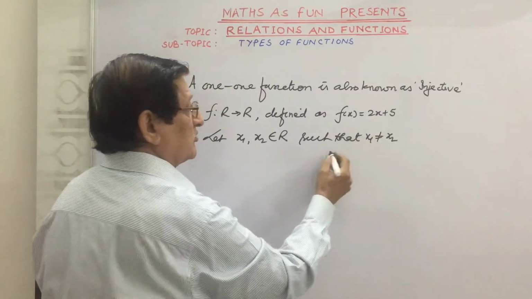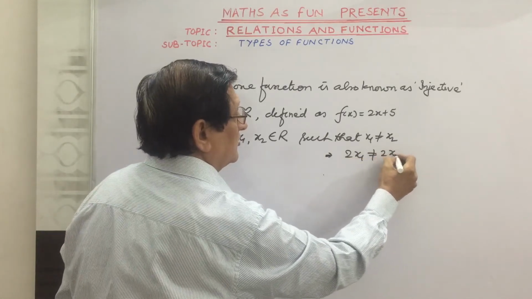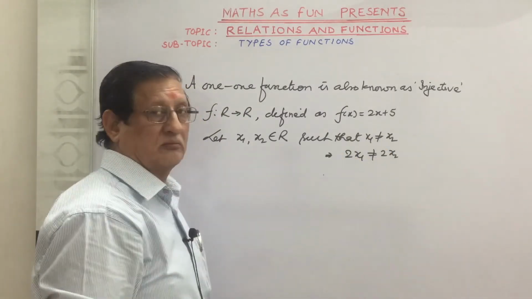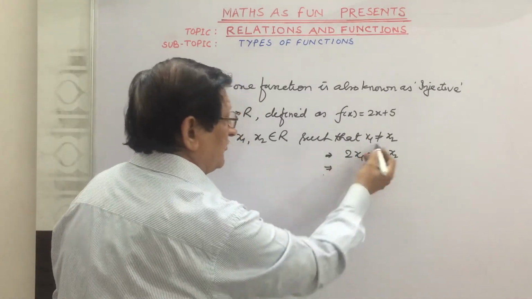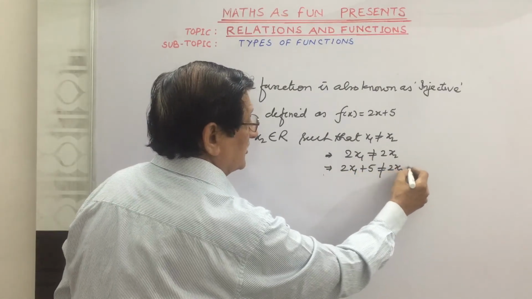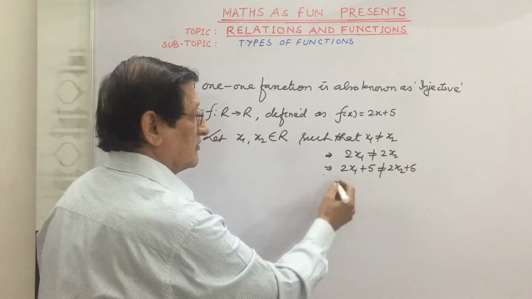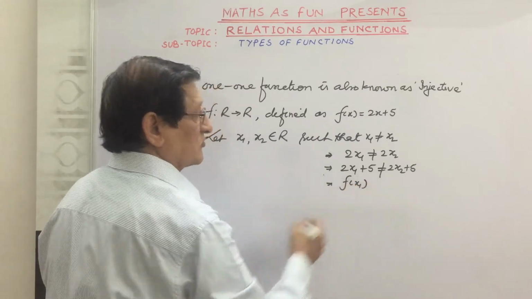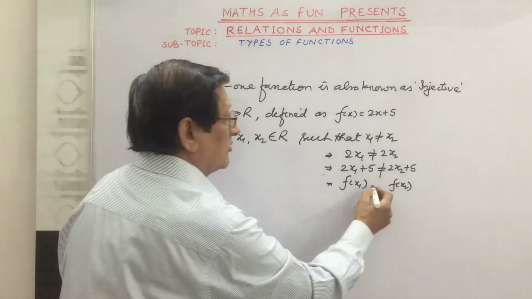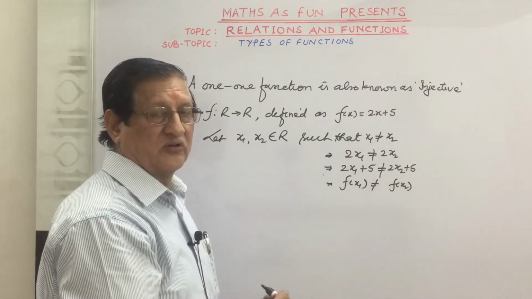We know if x1 is not equal to x2, certainly twice of x1 also will not be equal to twice of x2. We multiplied both the sides by 2. If we add 5 on both the sides, then we will find 2x1 plus 5 also will not be equal to 2x2 plus 5. And this is f(x1), the image of x1. And this is the image of x2, that is f(x2). They are also not equal. And hence we can say it is a one-one function.